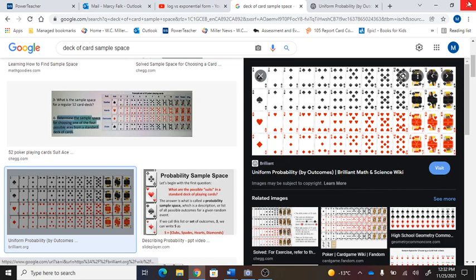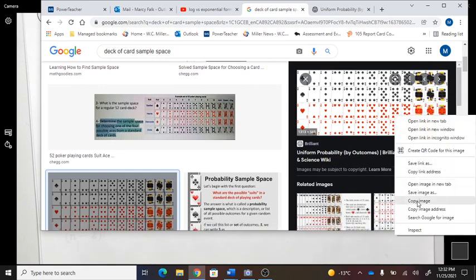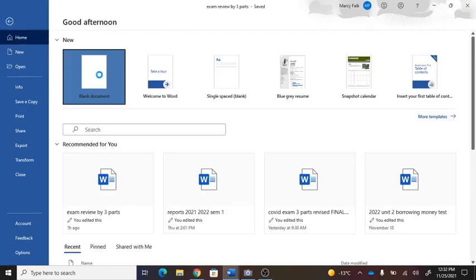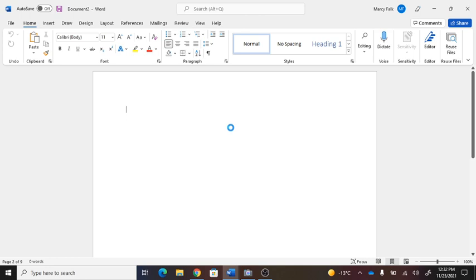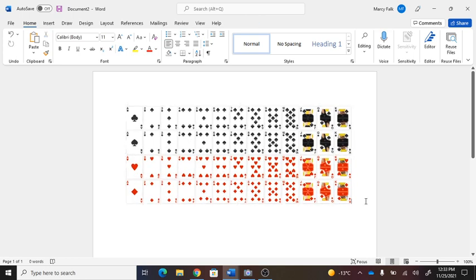There's 13. 26. How many black face cards? 6. 1, 2, 3, 4, 5, 6. There's 6 black face cards.